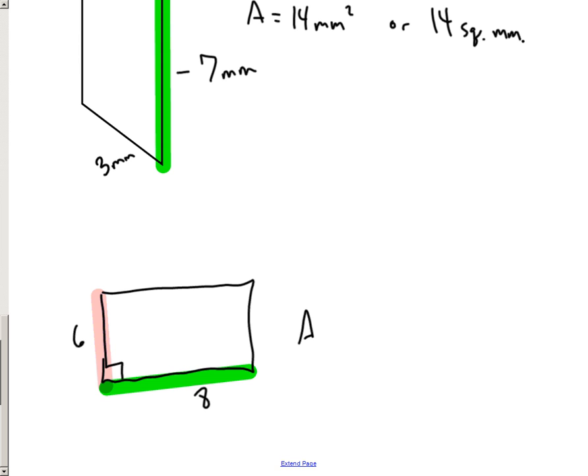So you'd use the same formula, A equals base times height, and it would be 8 times 6. So our area would be 48 units squared. If they don't tell you what these units are, you can just call it units, you know, 8 units by 6 units, and that can work as well.